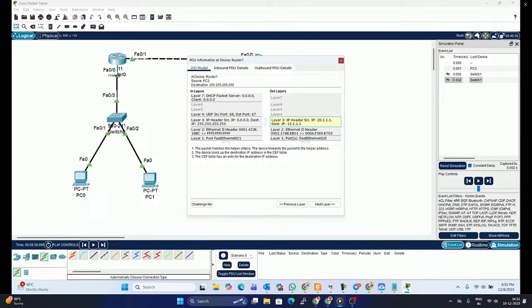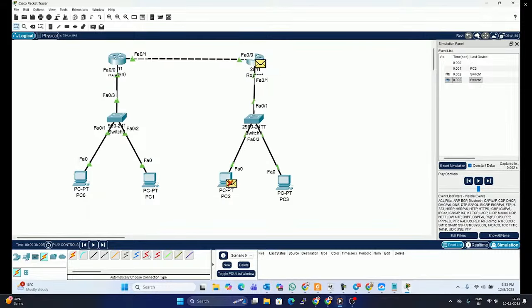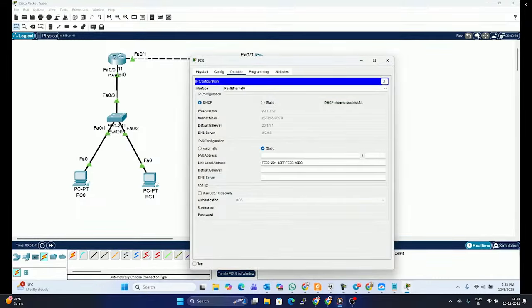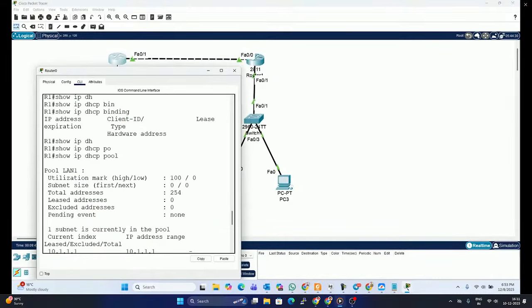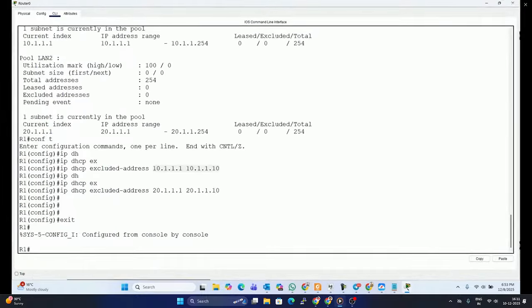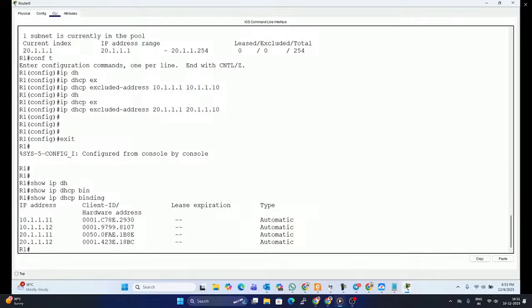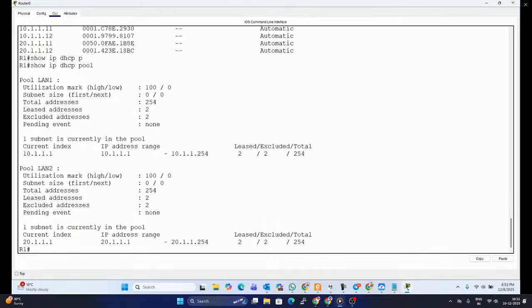So this is what we do here. We convert this message from broadcast to unicast using the relay agent. And now we go back to this router, show ip dhcp bindings. So we can check these bindings here, and show ip dhcp pool.